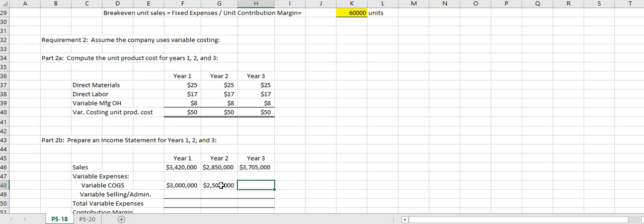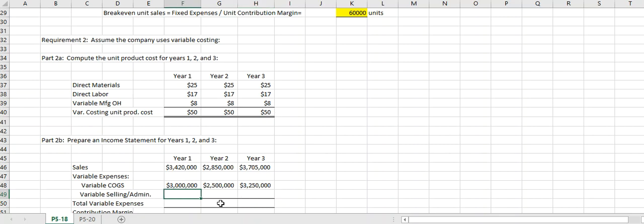And in year 3, we would take the $50 times 65,000, which is $3,250,000. So that's our variable cost of goods sold. We're just taking the number of units we sold times the variable cost in each case, which is $50, and that's actually right here that we've totaled up.